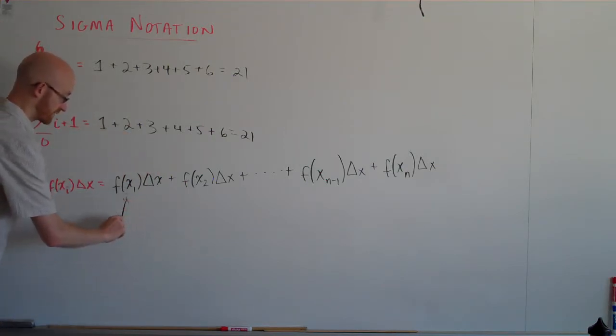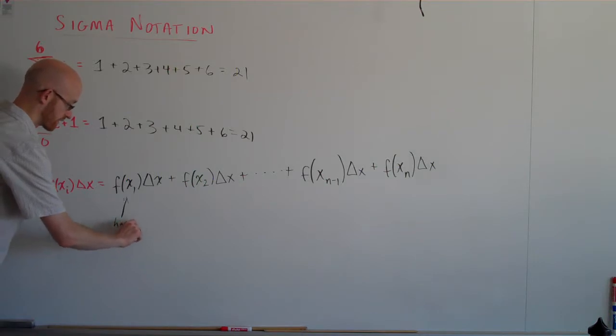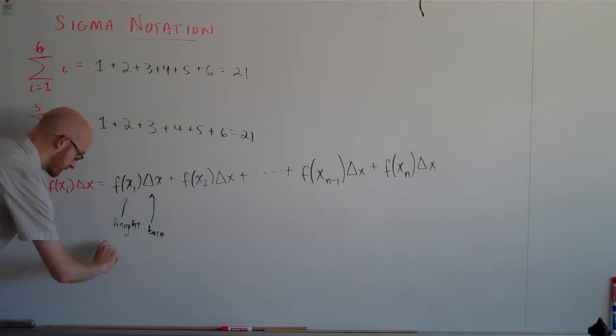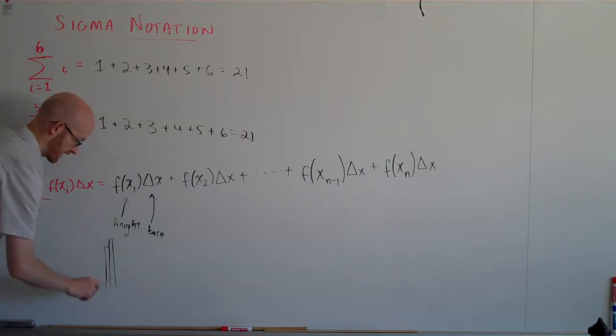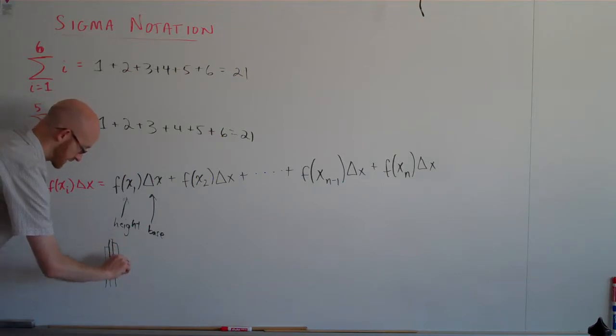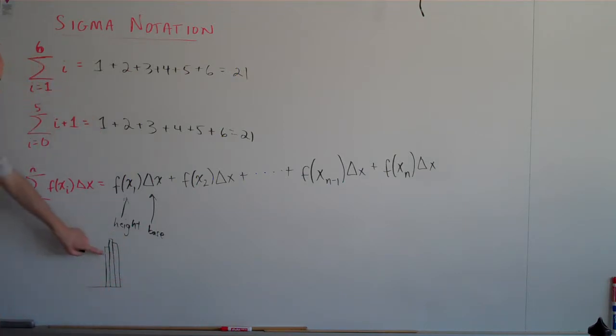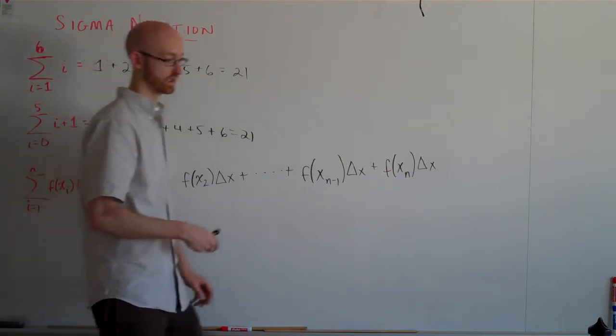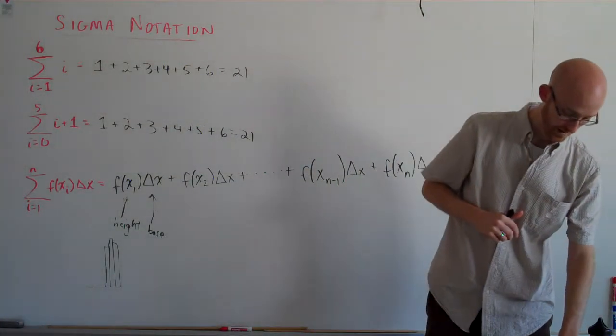Where the y value is going to be the height, and then that'll be the base. So effectively, what we're doing is we're taking a function and we're adding up a bunch of little rectangles, one next to the other. Right, f of x sub i delta x is that length. Not real important that you understand that right now. We'll get into very, very great detail on that sometime soon.